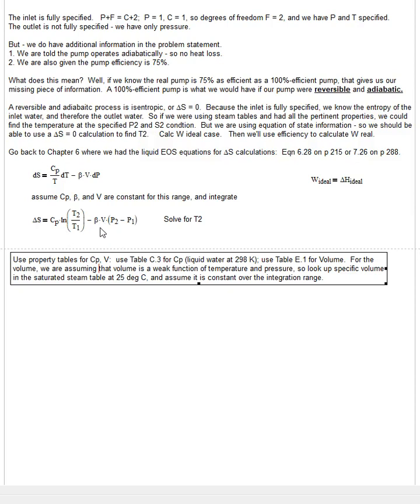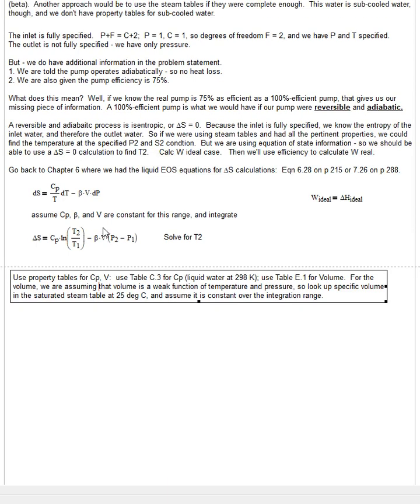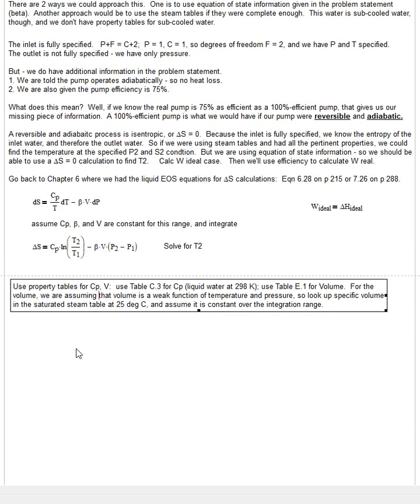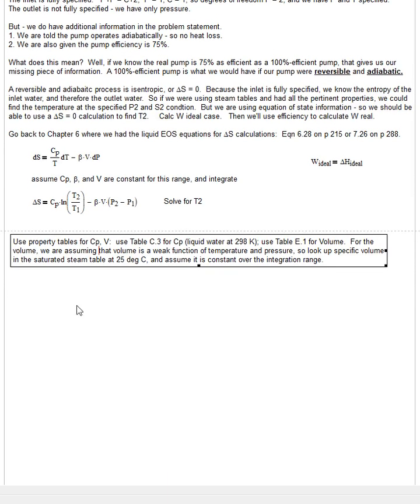What you'll find is that the volume is changing by so little, it really doesn't make that much of a difference. So we're going to use the molar or specific volume of our inlet condition to solve for T2.